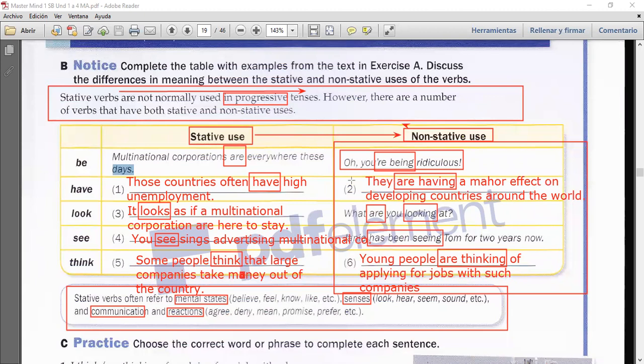So the international companies are causing something around the world. Okay, having, are having. We can notice that something is changing, something is happening, is different. Why? Because of international companies, because of something.